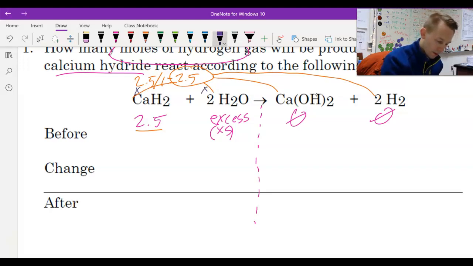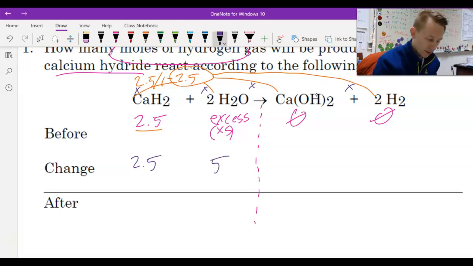That's what goes in our change row. So I've got 2.5 here. 2.5 times 2 gets me 5. 2.5 times 1 is 2.5. And 2.5 times 2 gets me 5.